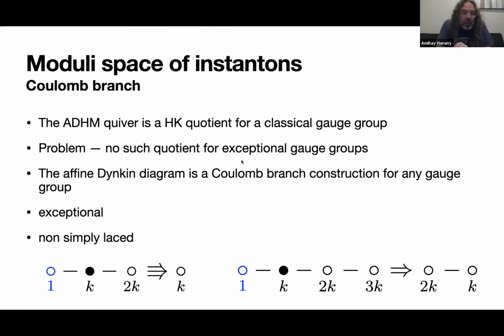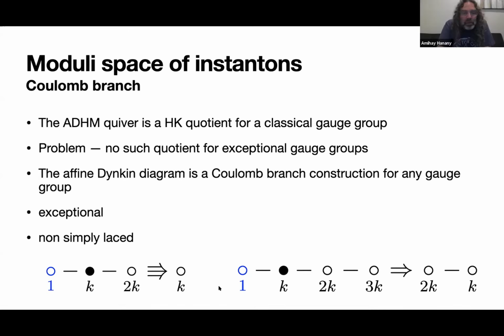If you do want to understand the moduli space for an exceptional gauge group, then you could instead use the Coulomb branch. And the Coulomb branch is defined for every gauge group, including the exceptionals. And here, as an example, I gave those two quivers for G2 and for F4.